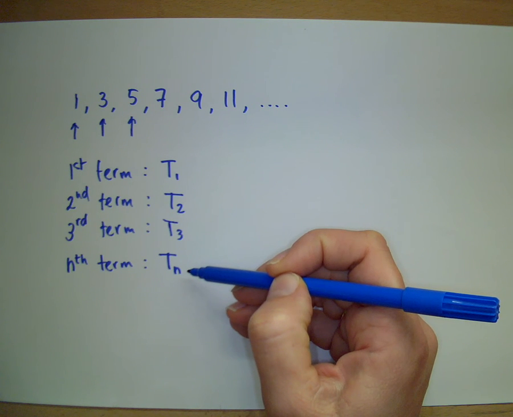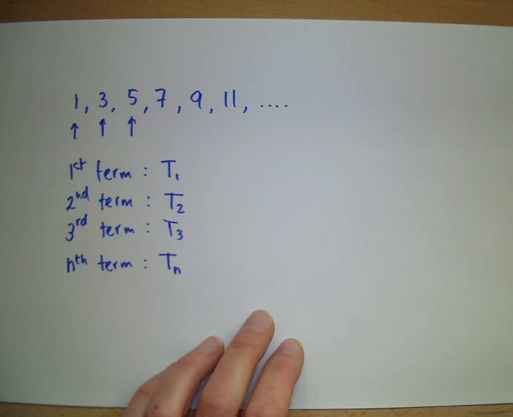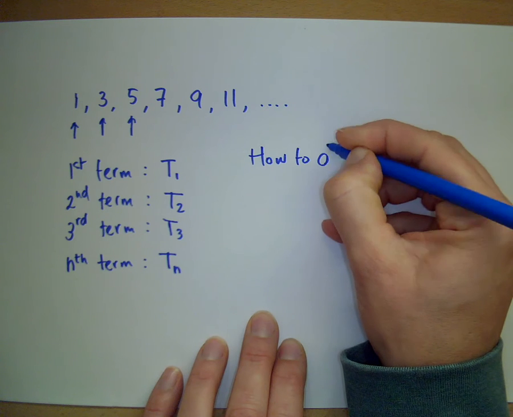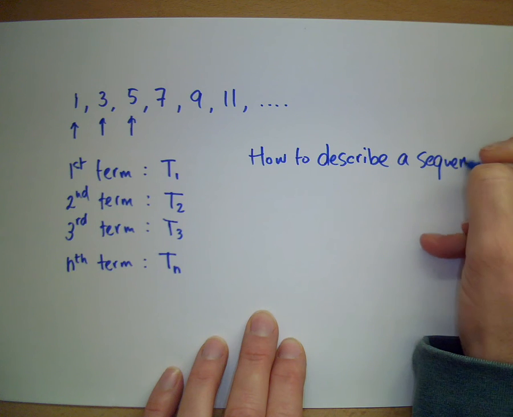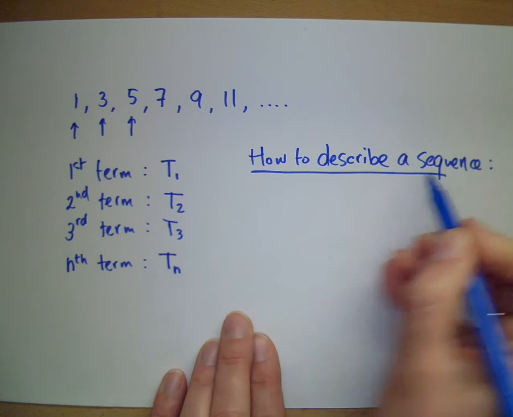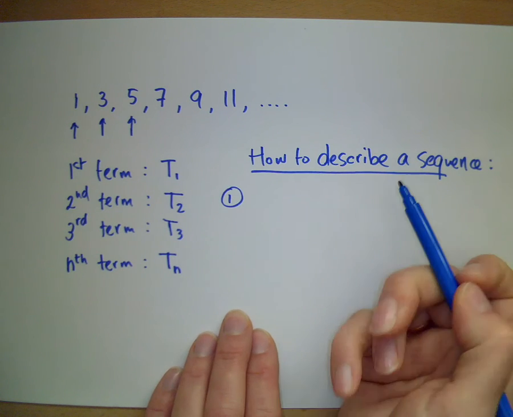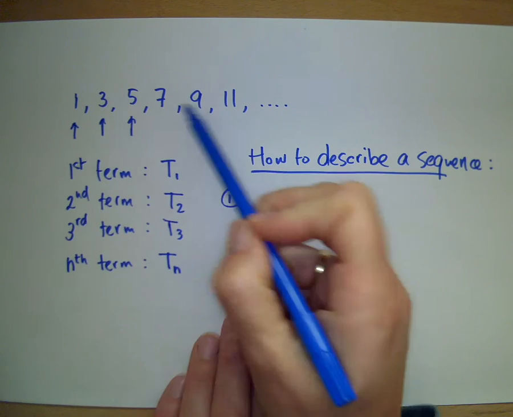Okay. Also, when we talk about sequences, there's a few ways to describe a certain sequence. Let's write that: how to describe a sequence. We're going to talk about two ways to do that. One way to describe a sequence is like we did up here. This one is pretty obvious, right?